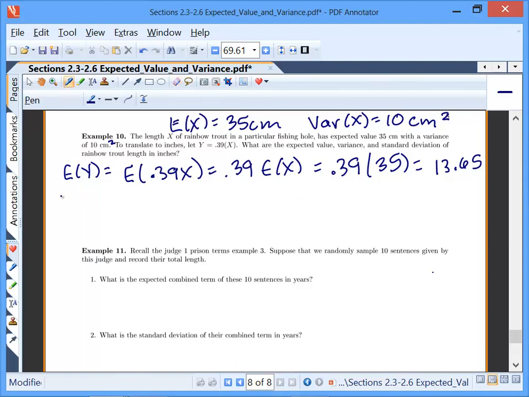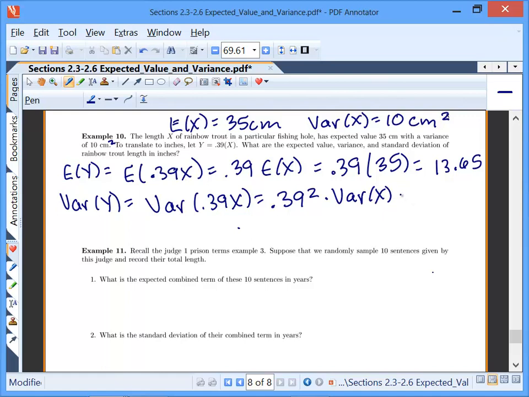What about the variance? This is the variance of my 0.39x. But if I want to pull out a coefficient for variance, I need to square it. So we pull out 0.39 squared times the variance of x. So 0.39 squared times 10 is 1.521.